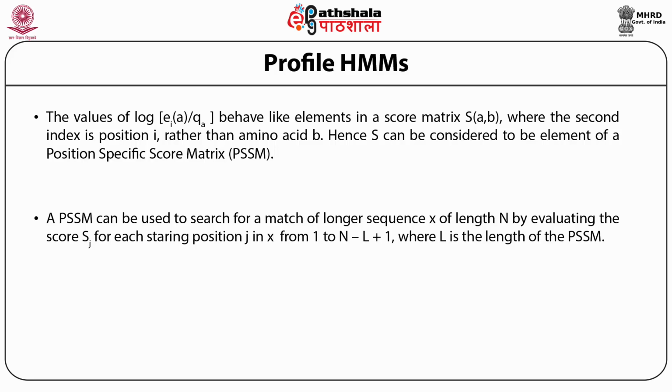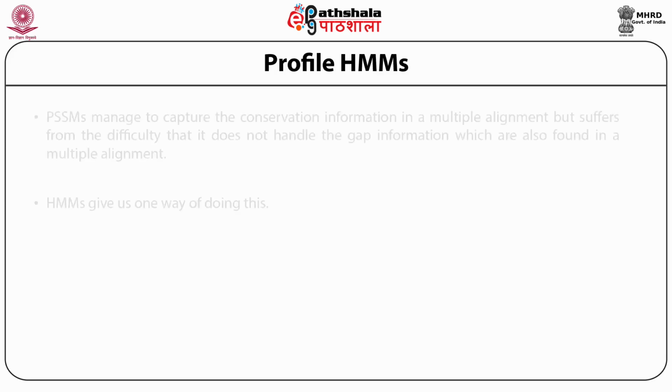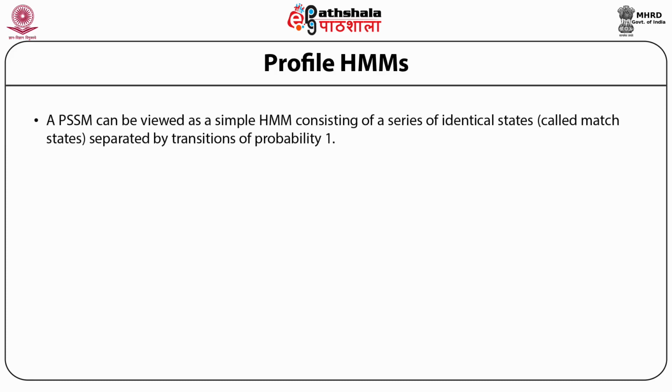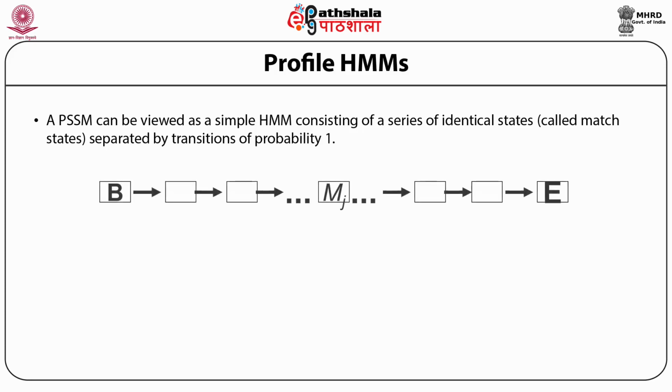So if we can now upgrade the PSSM a little bit to handle gaps, then I go one better. So one way of doing this, of course, is using Markov models. How do I do it? So I can view my PSSM as a very simple HMM, which just consists of a sequence of states. So I have a begin state, and then for each position in my PSSM I have a particular state, M1, M2, M3, Mj, going and ending in a particular end state.